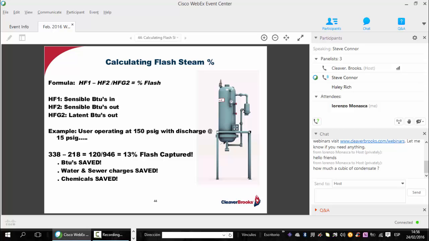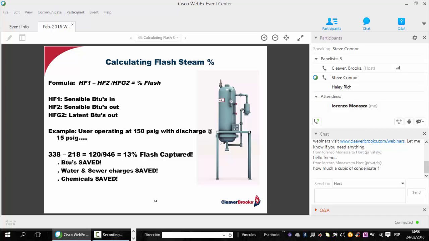HF1 is the sensible BTUs in. In the example here, I've got 150 pounds discharging into my flash tank, and the flash tank is at 15 pounds, let's say.